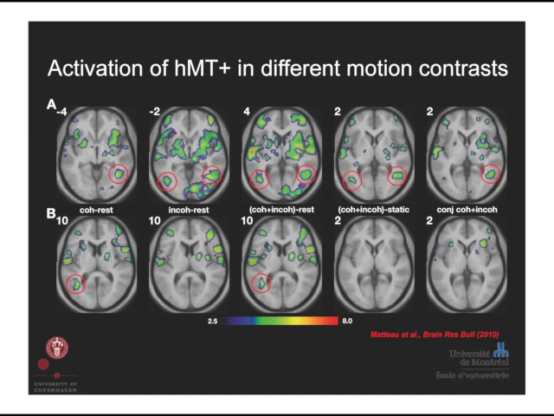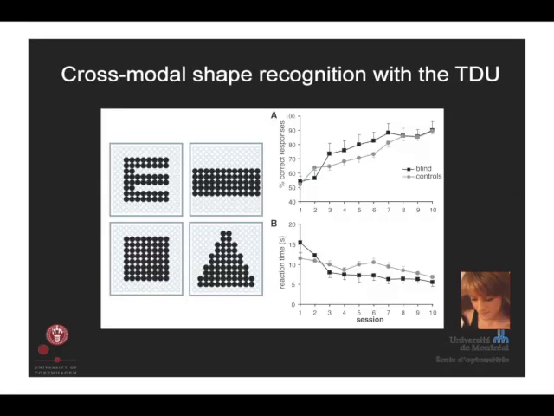If we look at these different motion contrasts, as you saw in the text, you have the recruitment of area MT, which is considered in normal seeing people as a visual motion area. Then we looked at shapes. These are the shapes that we used.